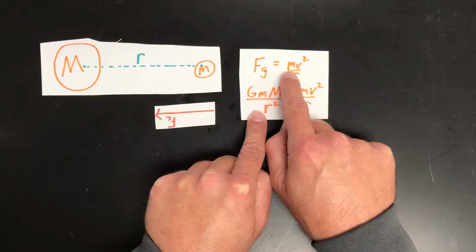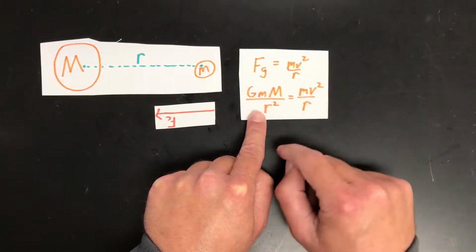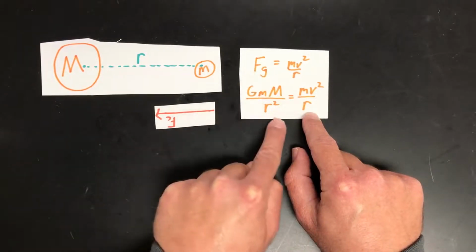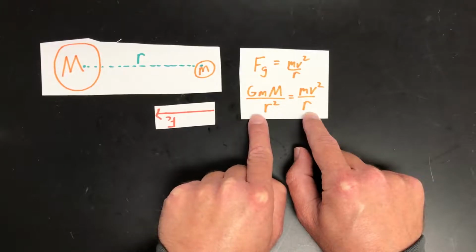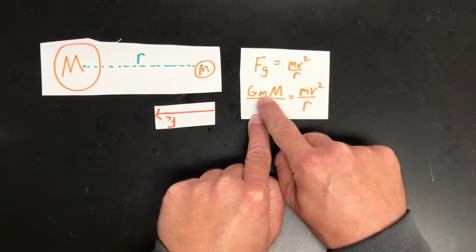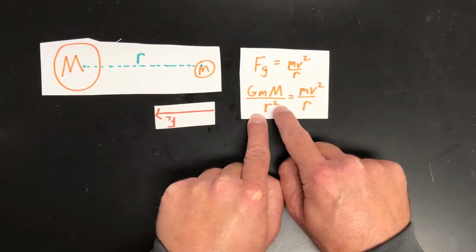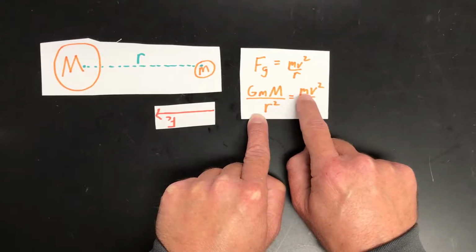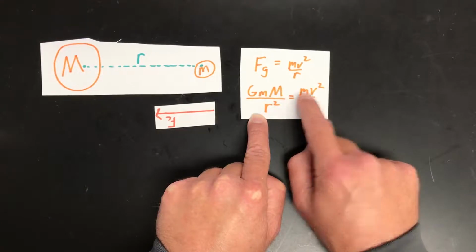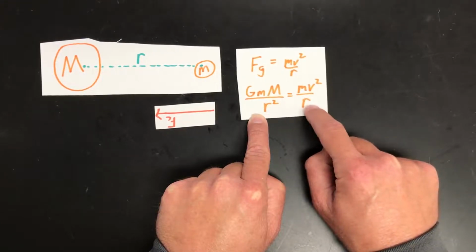So we can say that it's equal to mv squared over r. So plug in the entirety of Newton's universal law of gravitation right here. G times little m, that's the satellite, times big M, that's the planet, over the radius squared. Over on this side, notice we have the mass of the satellite as well, and we also have a radius here.